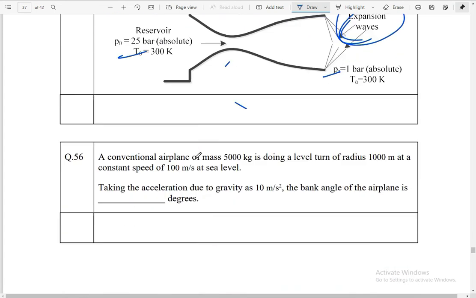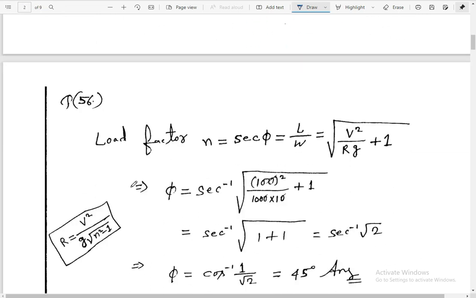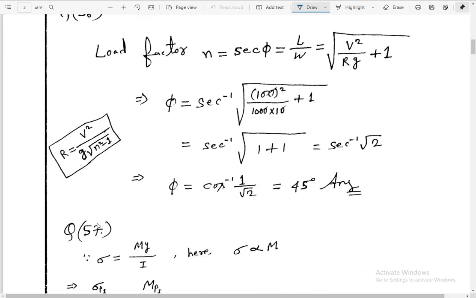Question number 56. A conventional airplane of mass is given, level turn of radius is given, speed is given, acceleration due to gravity is given. What is the bank angle of the airplane? We have the formula load factor n equal to sec phi is equal to root of v square by rg, squared, plus 1.